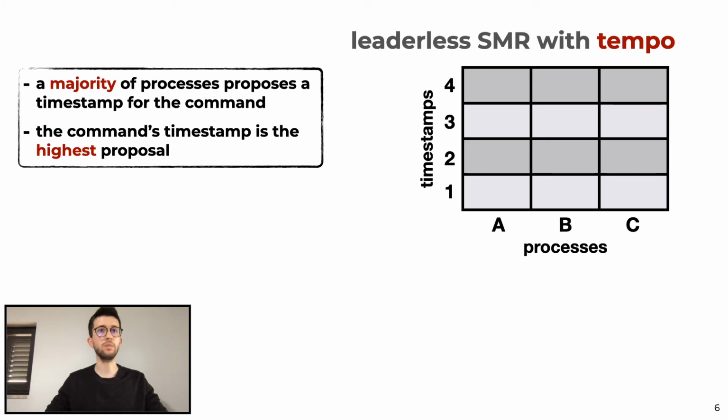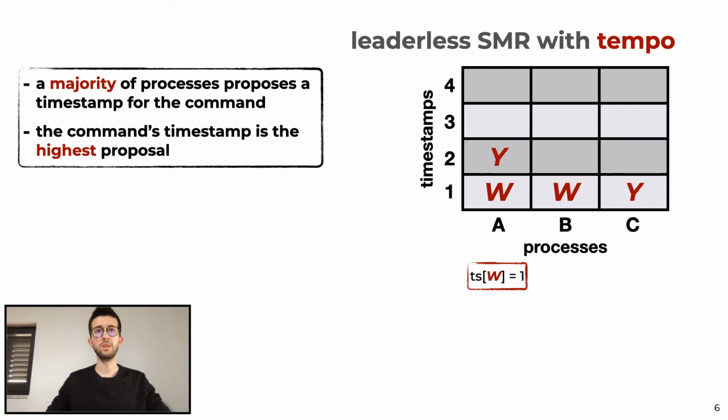Again, we have an example, and command W is received by majority A and B, both proposing timestamp 1 for the command. Thus, command W is committed with timestamp 1. Command Y is then received by process A, which proposes timestamp 2, and process C, which proposes timestamp 1.